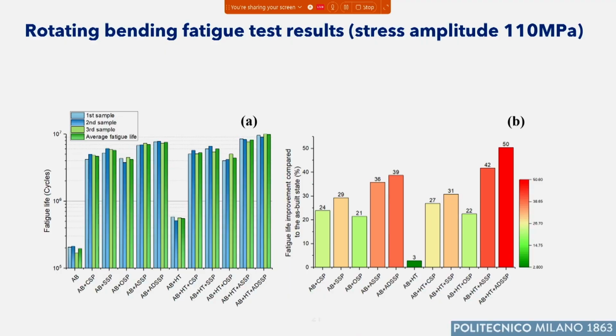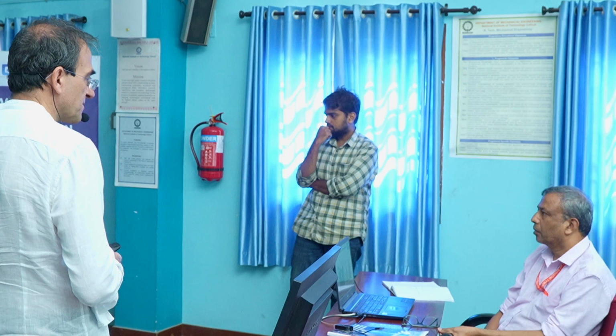And due to the fact that with the heat treatment we are reducing the yield stress and the UTS, finally we have a lower number of cycles to failure. Thank you, sir. You're welcome.